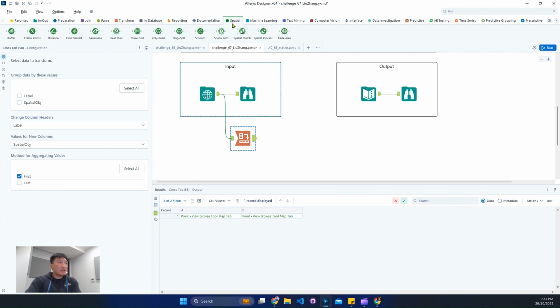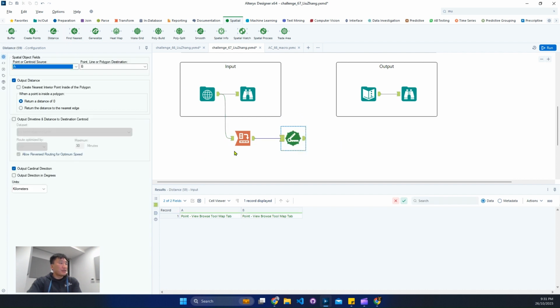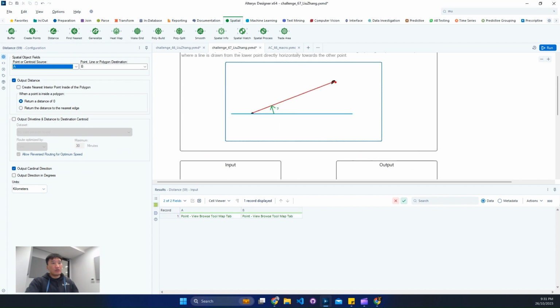In Alteryx, surprisingly, this challenge is actually quite easy to perform, because the first thing we're looking for is the hypotenuse. If we go back to the shape, we can do a vertical drop down, say that's your perpendicular angle. You have a right angle triangle.